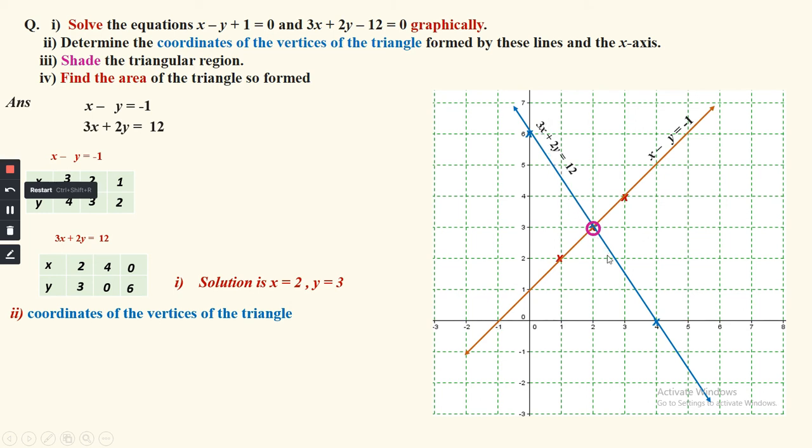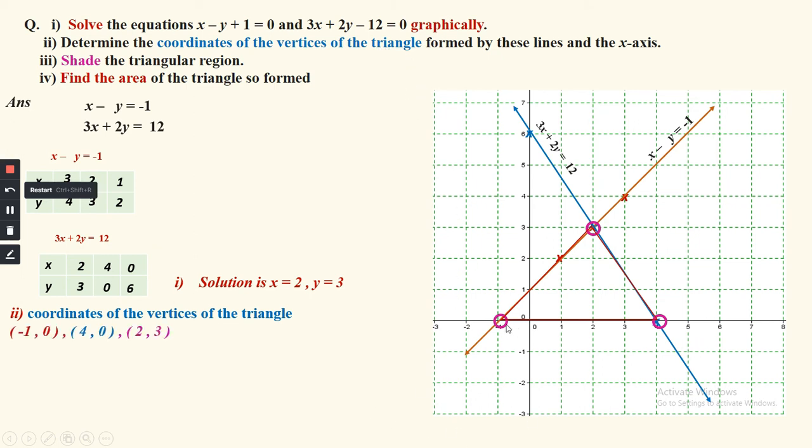Second line is cutting the x-axis at this point. So on this base, there is a triangle formed between the lines and the x-axis. Let us identify that triangle. This is the triangle. Now it has got three vertices. This, and this. So as per the question, we have to write the coordinates of the vertices.